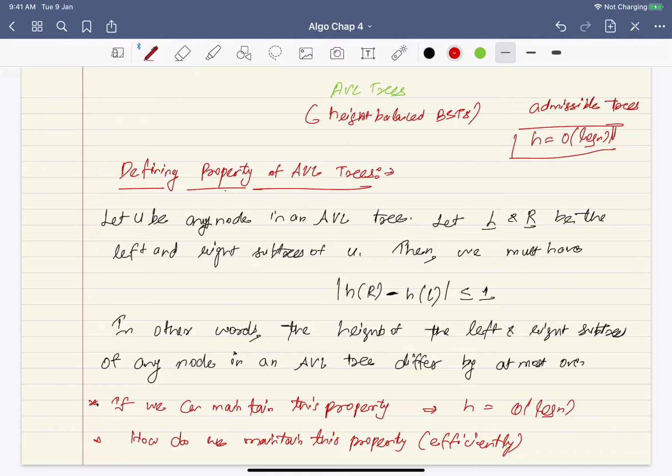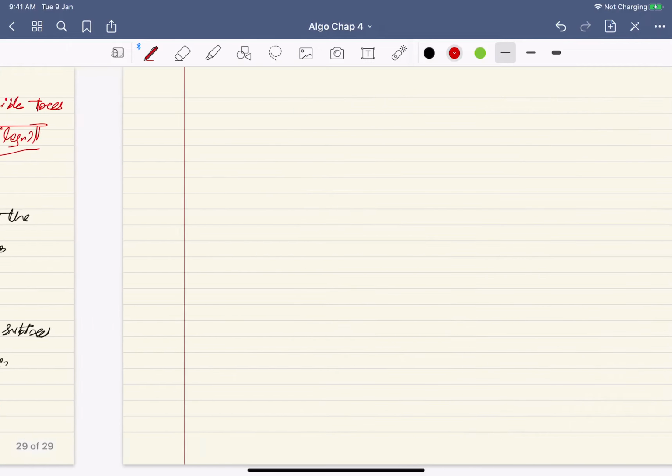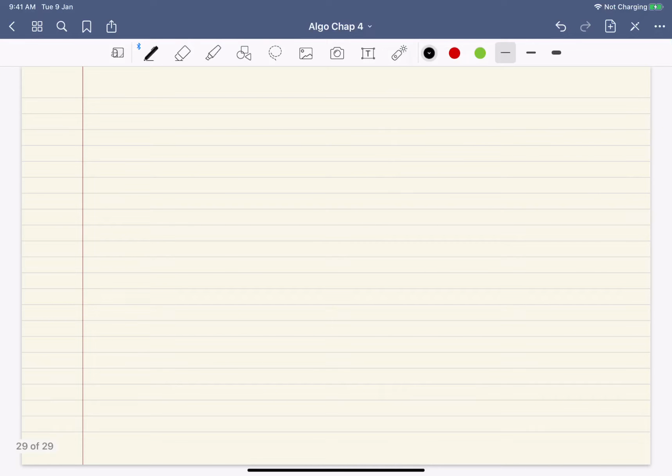Now before that, in terms of representation, when you do your coding, you were having the key, the left, right, and maybe the parent pointers. Apart from that, in addition to this, what else will you need to store?